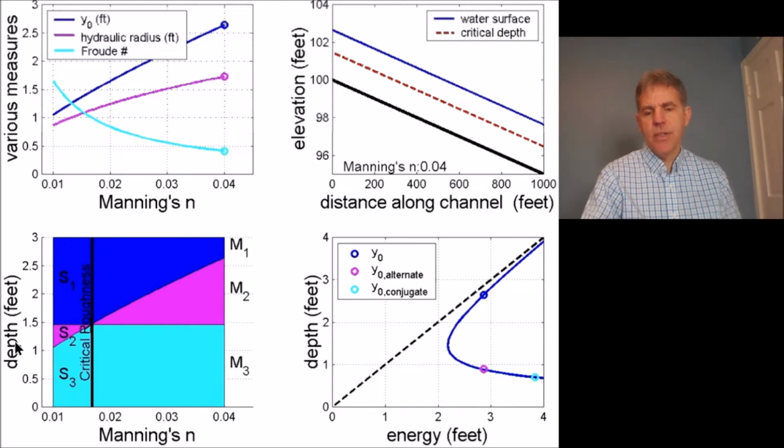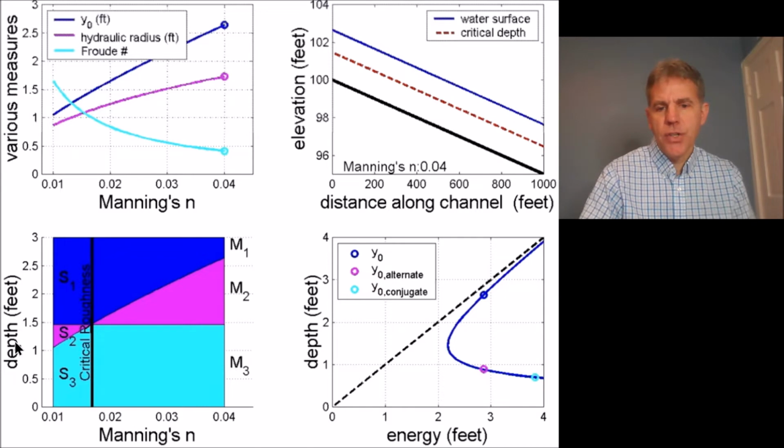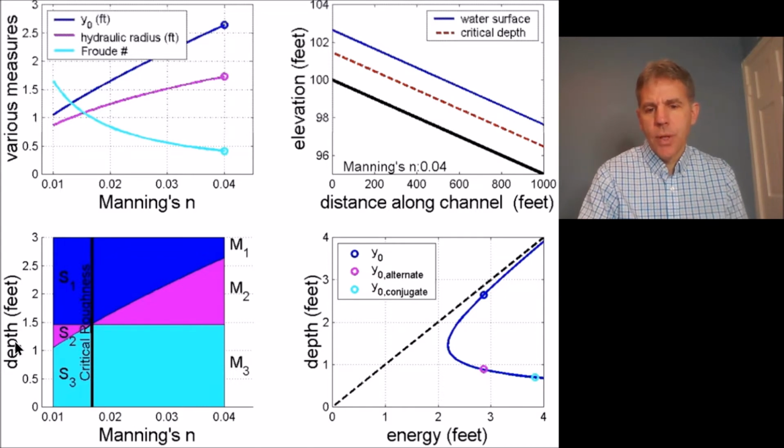We're looking at the different depth ranges and what kind of gradually varied flow profile would exist in those depth ranges. So if we're less than critical slope, we're supercritical, and so for deep depths, we'll have an S1 curve.